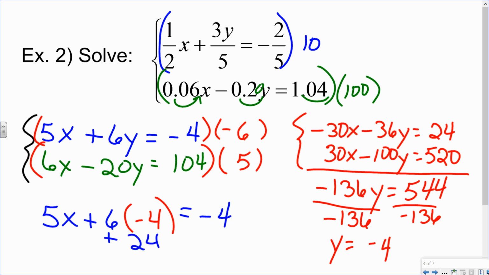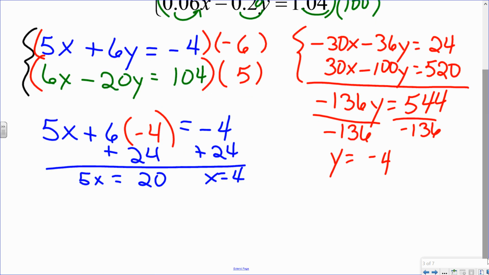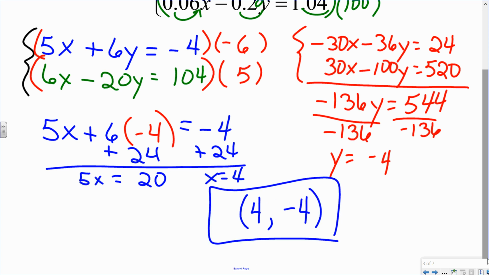Add the 24 to both sides. And everyone, what is x? So that means that our solution, we're going to write it as an ordered pair since this is a system of equations, is (4, -4). So any questions there?